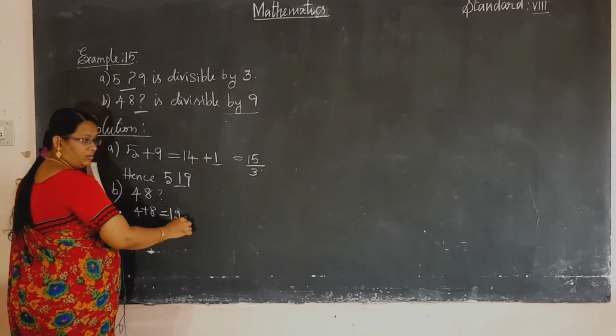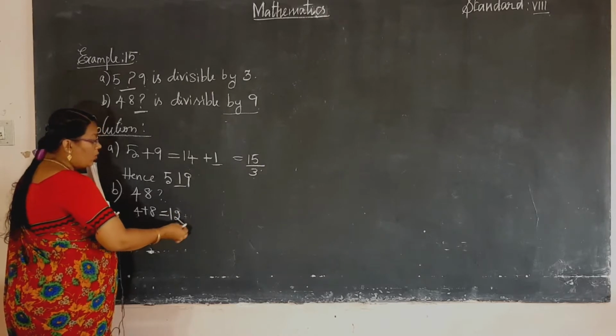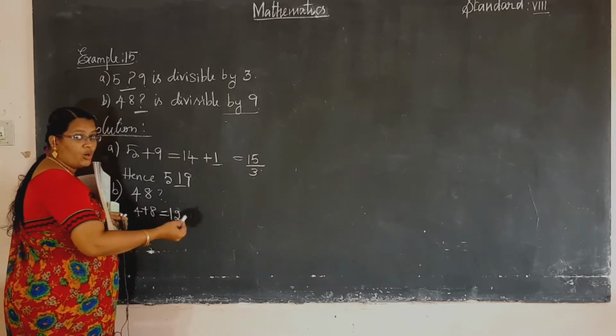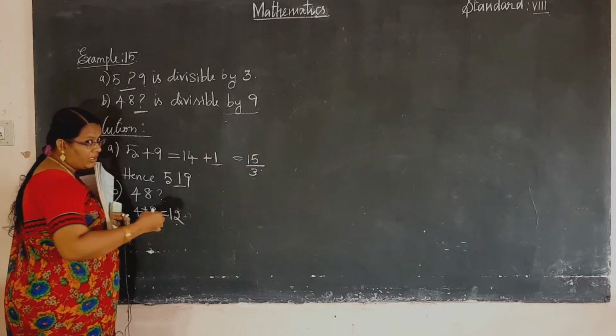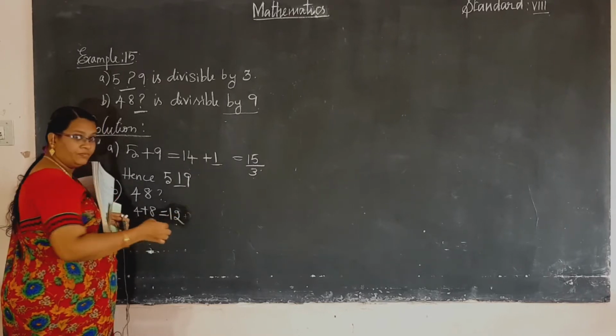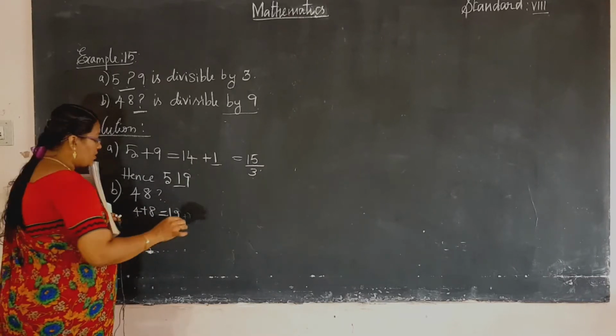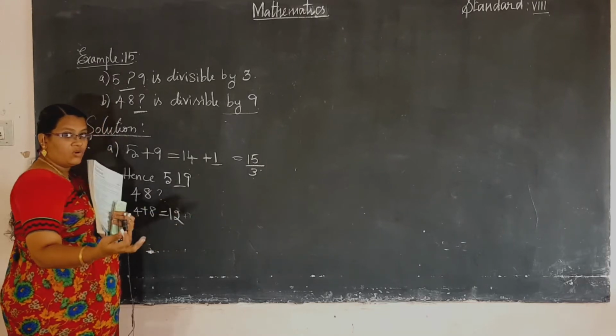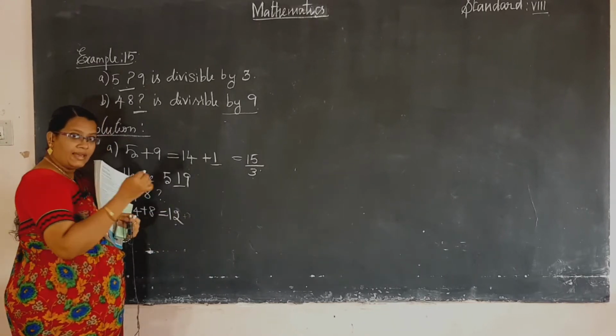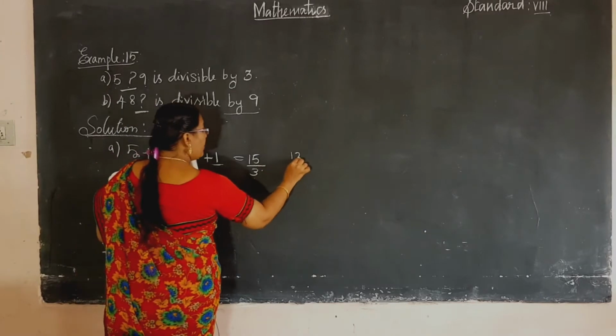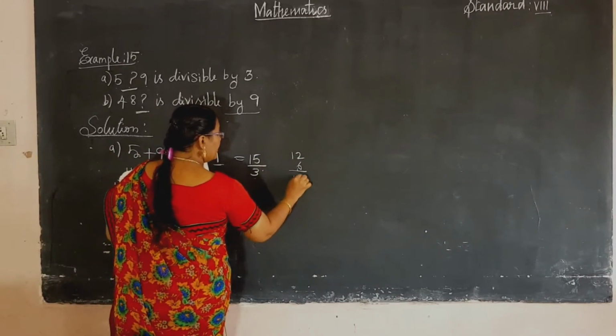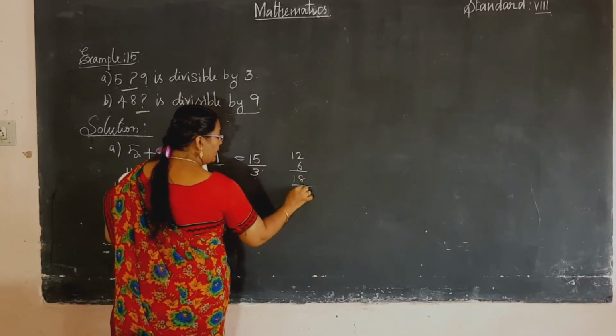Adding 1 gives 13. Is this possible? No. Adding 2 gives 14, not possible. 3 gives 15, not possible. 4 gives 16, not possible. 5 gives 17, not possible. Adding 6, 12 plus 6 is 18, and 18 is divisible by 9.